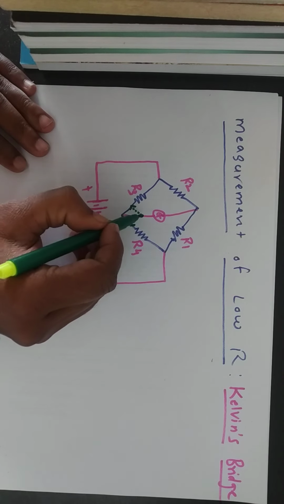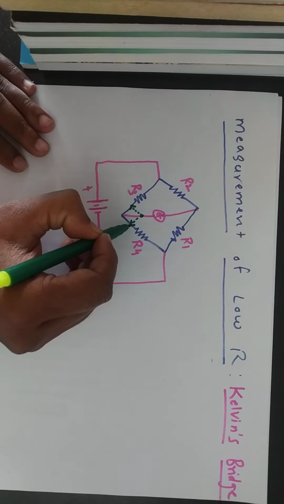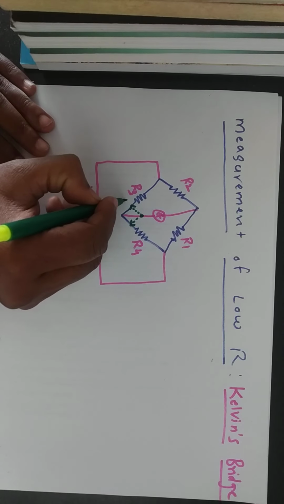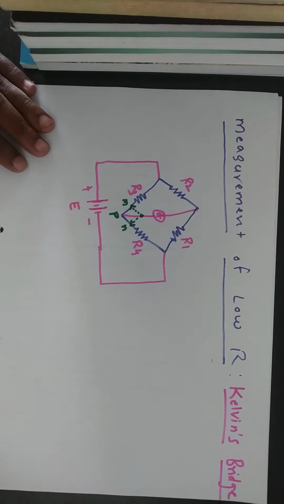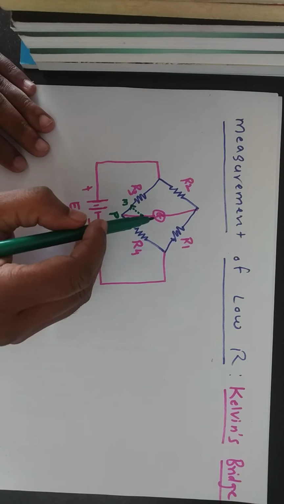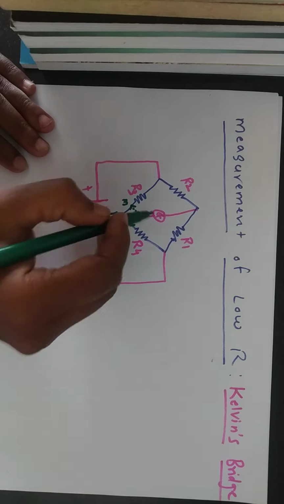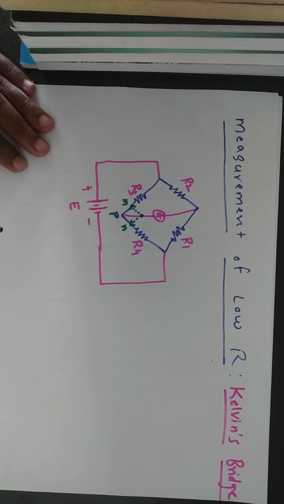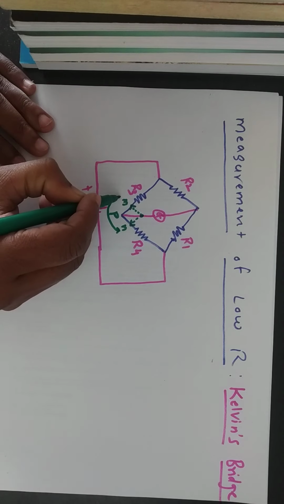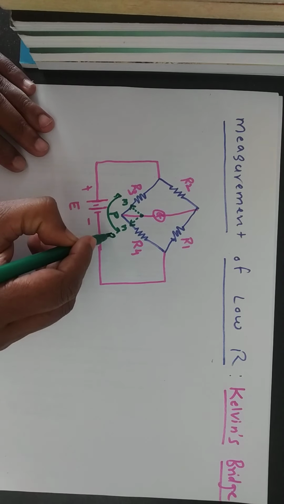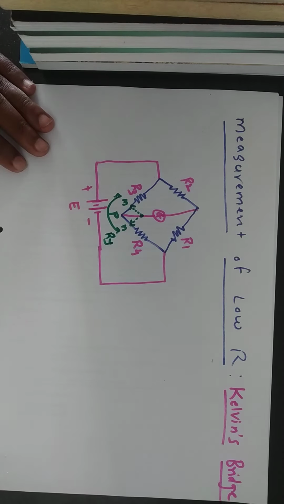So we can connect the galvanometer to this point or this point. We can rename these: this is point M, this is point N, and this is point P. And this is our galvanometer, and the total resistance from point M to point N is Ry. So remember that.